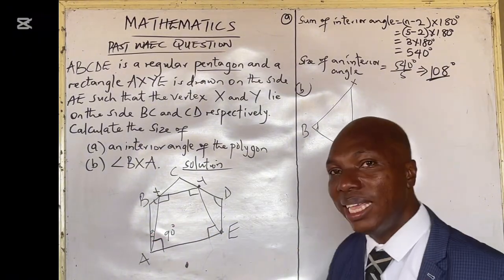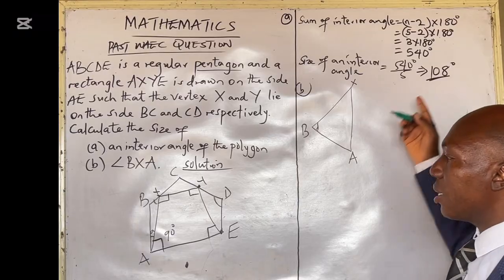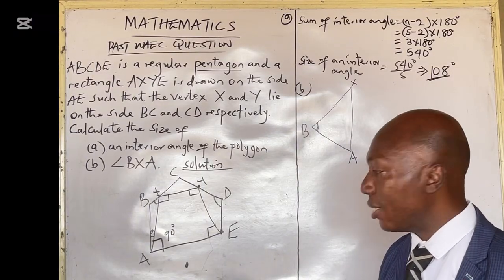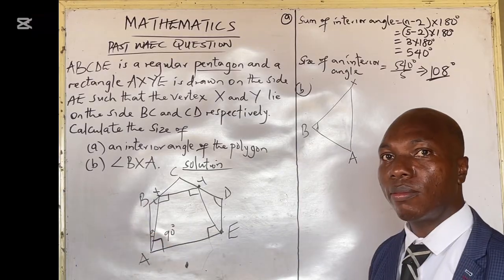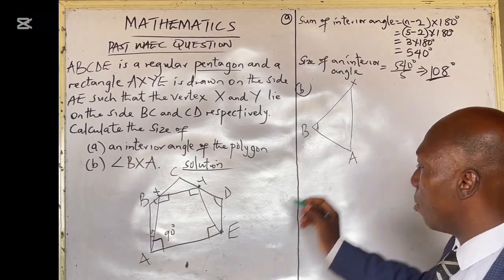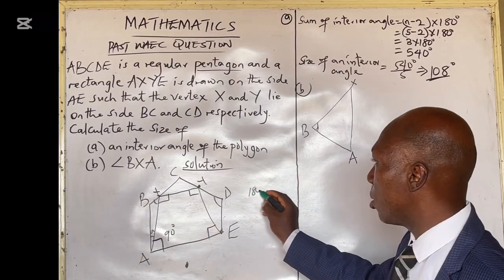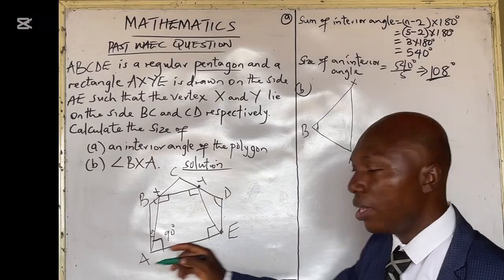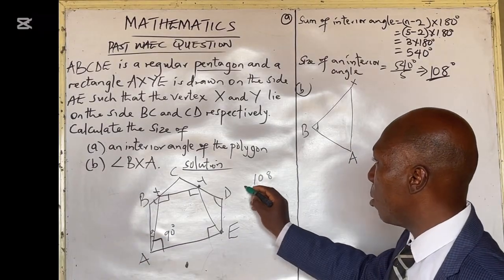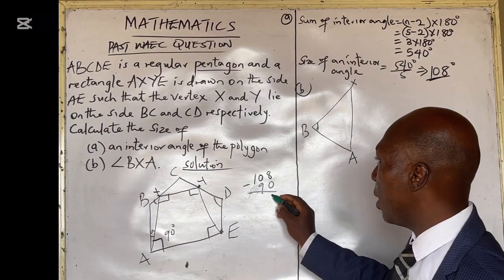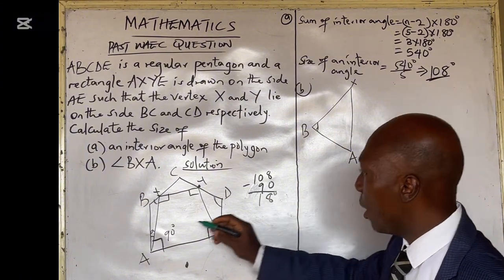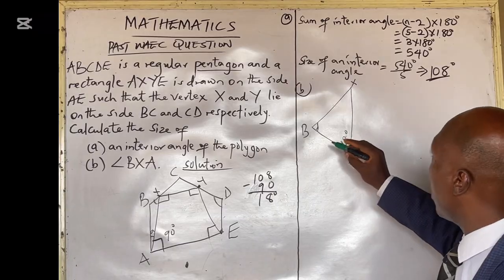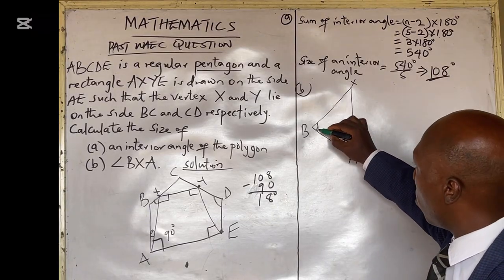But the whole of A is 108. So 108 minus 90 gives this small letter a, which is 18 degrees. And our angle B is 108.